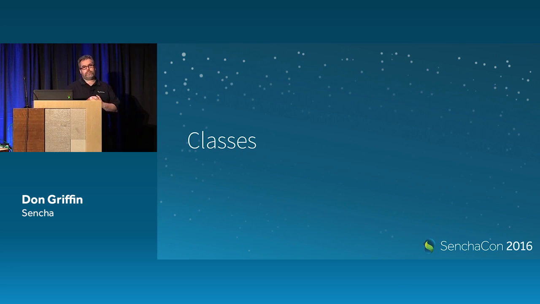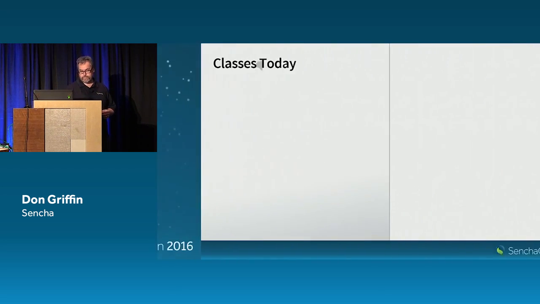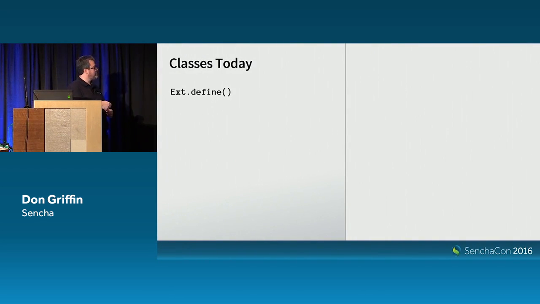But classes really is another very interesting one because the whole class mechanism in ES6 offers us some constraints and some new features. And so we'll walk through how those shake out and what impact they're going to have. So classes today, we're just going to do a quick survey through this. I'd ask who uses the class system today, but that'd be unfair because everybody should, if you've used Ext. So you've got classes, they're defined, and they support inheritance via the extend directive.